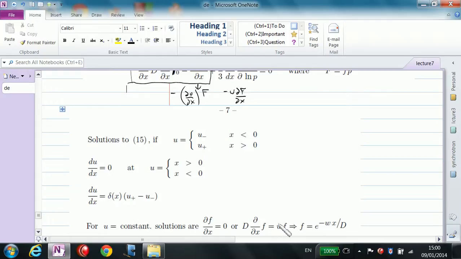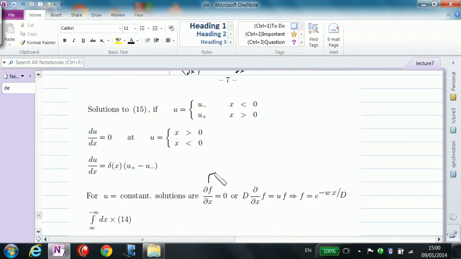Here we wrote small f's, but it's also true for big f's, because there are the spatial derivatives. And this should be proportional to.